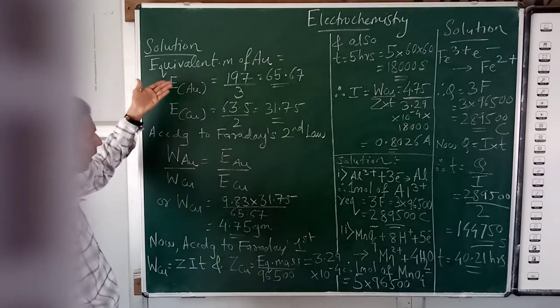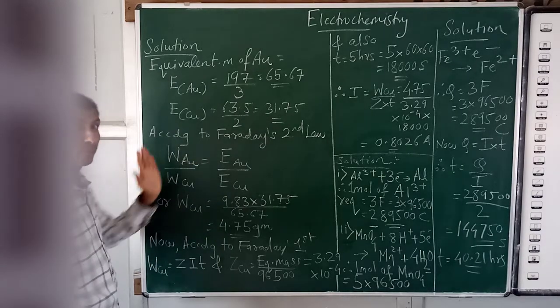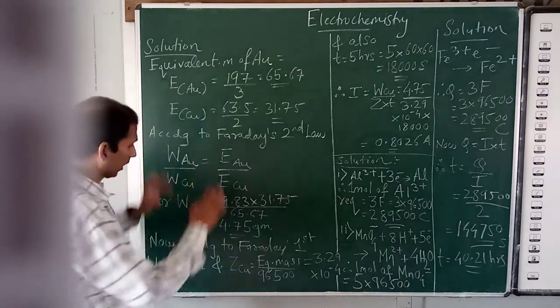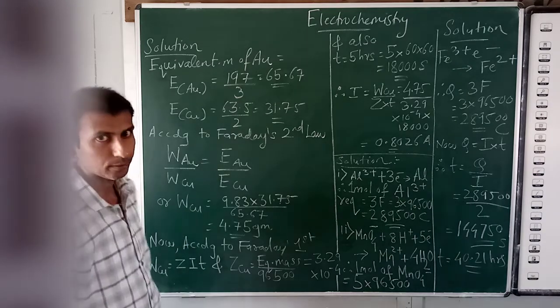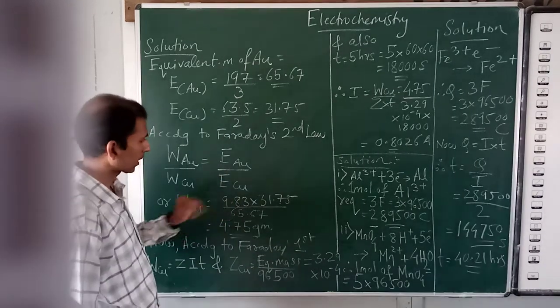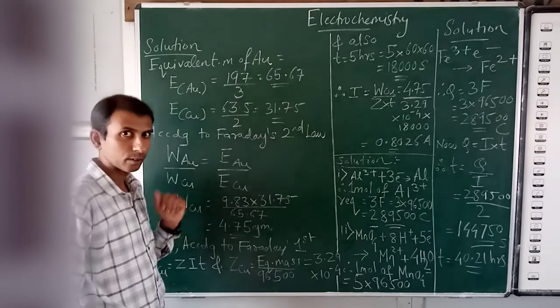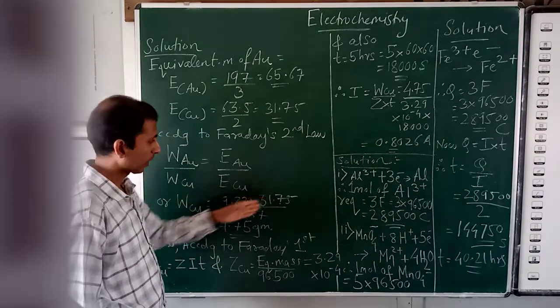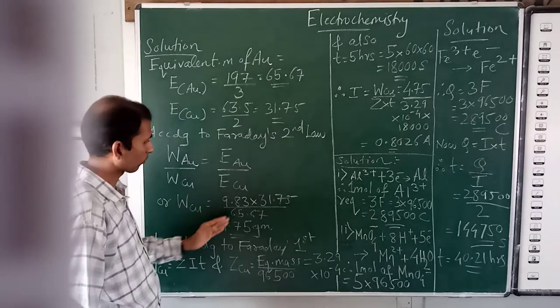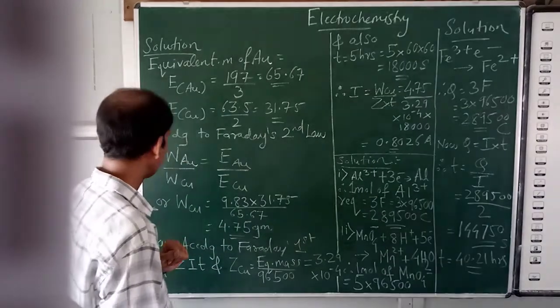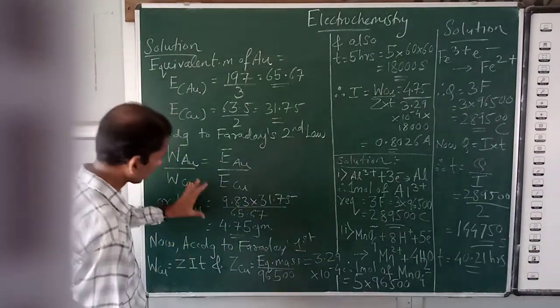Now substitute the values, which you know are given in the question. Mass of gold 9.83, this we have calculated here, two values substituted here and you get the mass of copper 4.75 grams. This is the first half of the question.